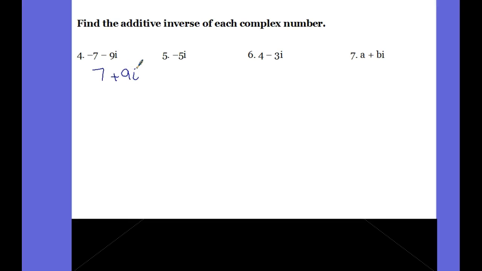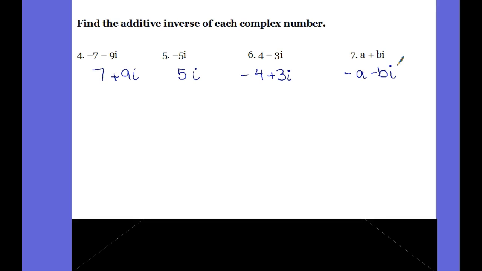Opposite of negative 5I? Yeah, not a trick. 5I. Opposite of negative 4? Opposite of 4? Opposite of negative 3I? Opposite of A? Opposite of BI? Curl those I's, stop them, we're done.